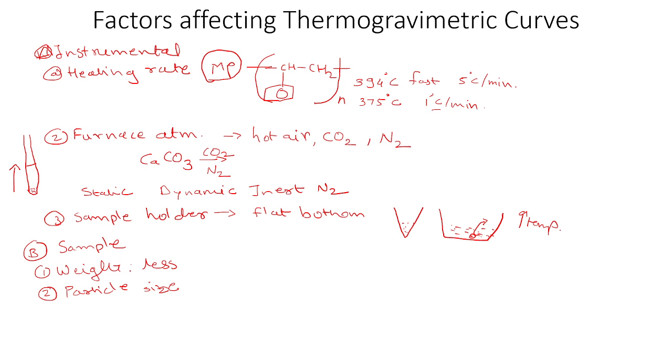Actually, the weight of 1 gram of powder and 1 gram of lump is the same, but if the particle size is smaller, very fine, the change will take place at a smaller level. This same factor is affecting the rate of reaction. Rate of reaction is affected by particle size. If the particle is smaller, the reaction will take place faster. In the same way here also chemical changes are going to take place, so particle size is very important.